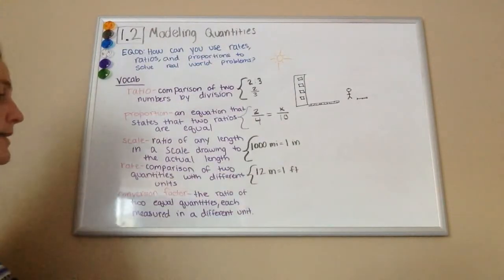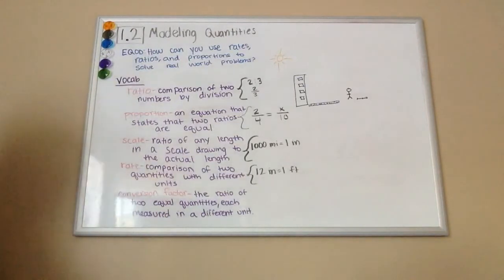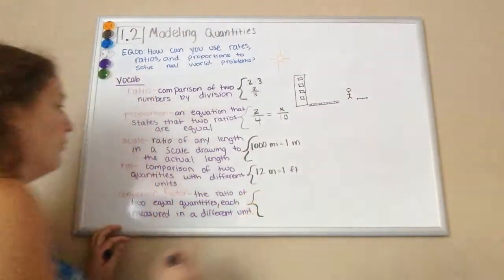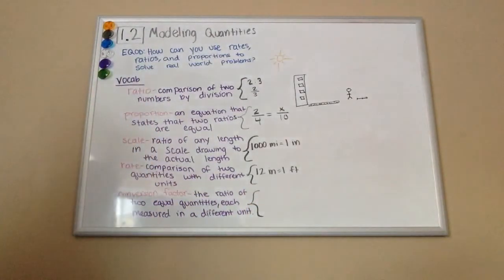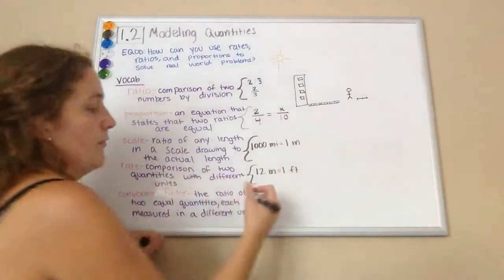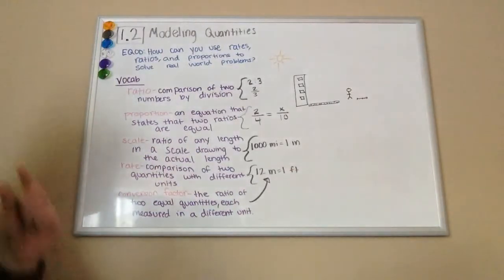That's just one rate. And a conversion factor is the ratio of two equal quantities, each measured in a different unit. So that's really the same thing as a rate, but a conversion factor is always true.